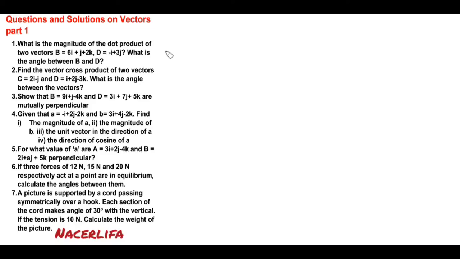So to get started, how do we define magnitude of vectors? Solution. Magnitude of vectors. To find the magnitude of a vector means to find the length of the vector.